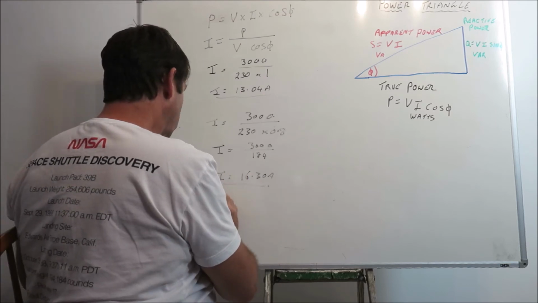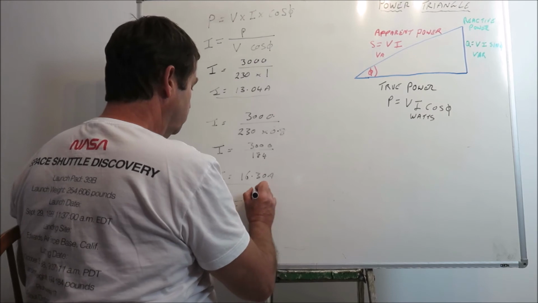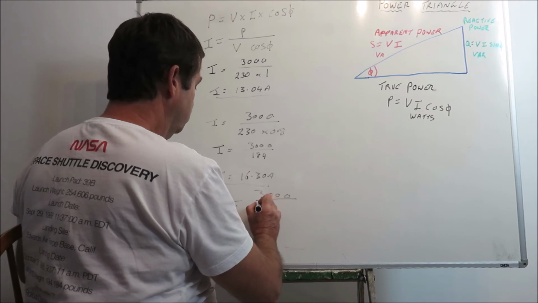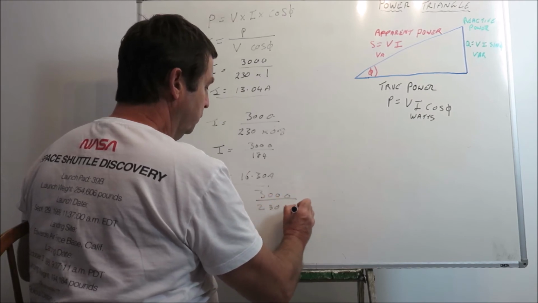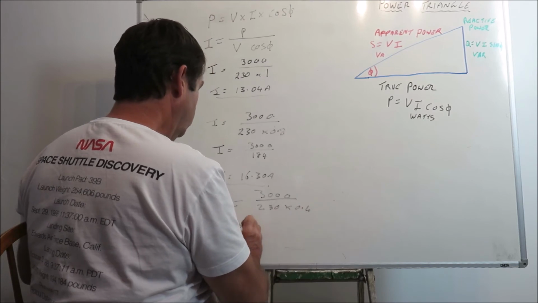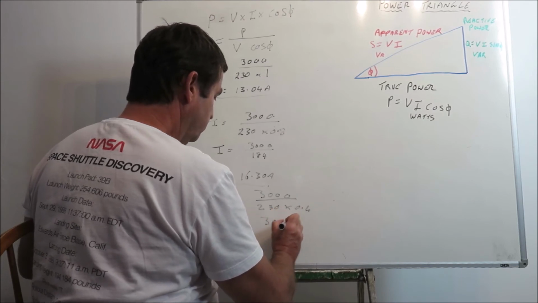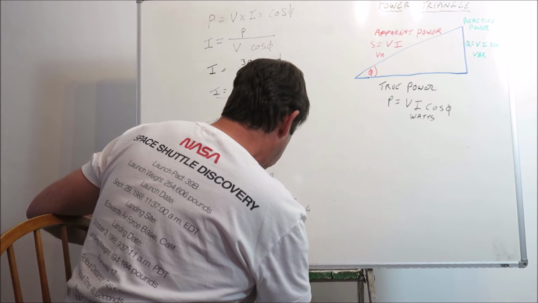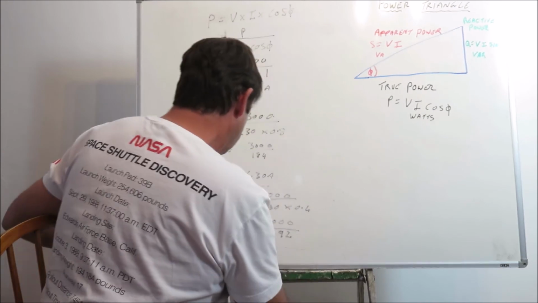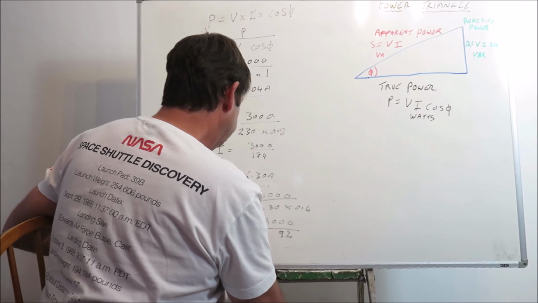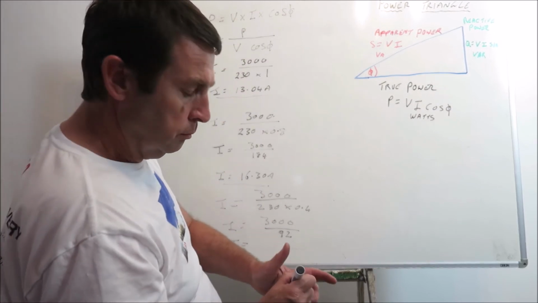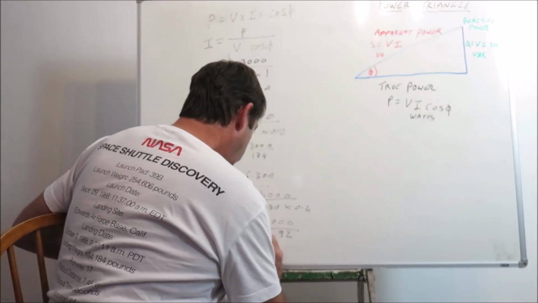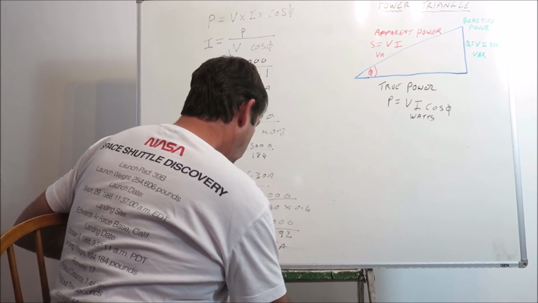So let's have a look at our last scenario of it being 0.4. So that's 3000 divided by 230 times 0.4. That'll give me I is equal to 3000 divided by 92, and that will give me a current of 32.6 amps.